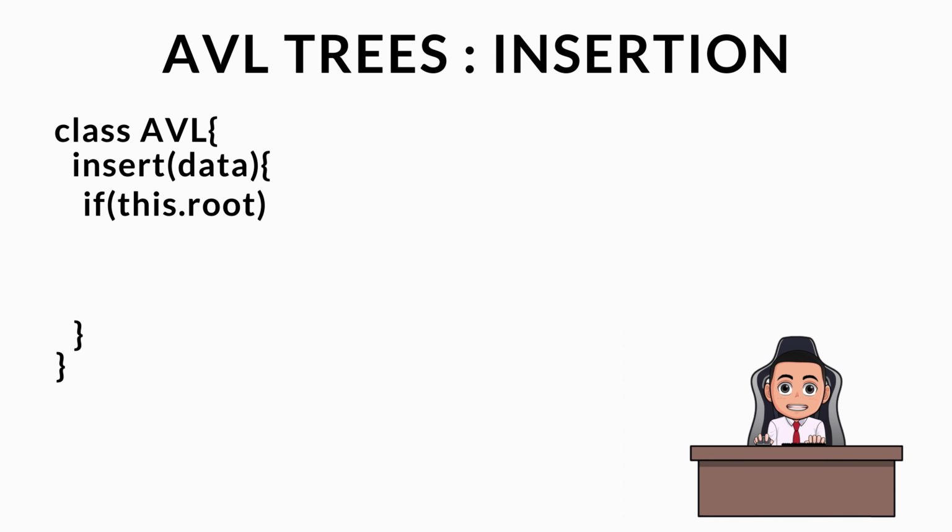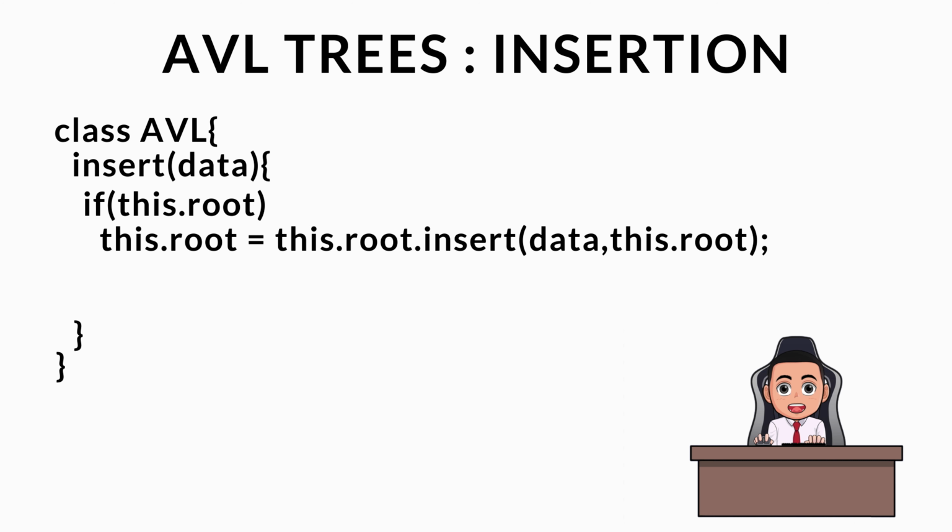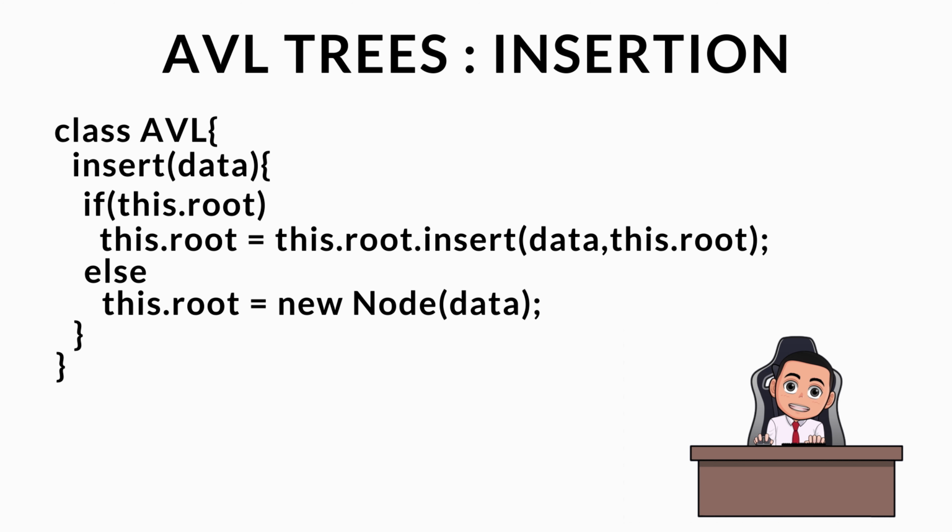So this will invoke our insert method within our node class, which is expected to return a node. And then we just pass the data that we wish to insert, as well as the root node as a starting point. If this isn't true, that means that our tree is empty. So we just create a new node with the data being passed in, and save it as the root node.